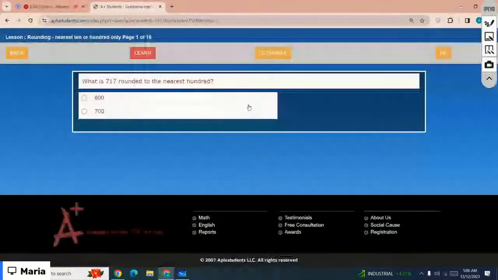What is 717 rounded to the nearest 100? Which is the correct option?